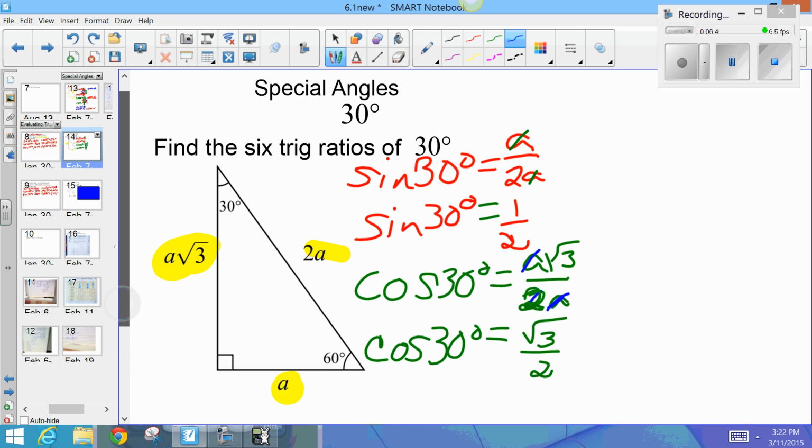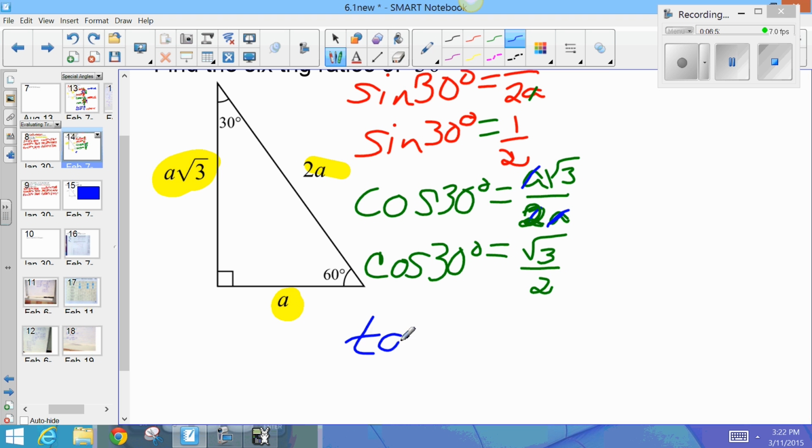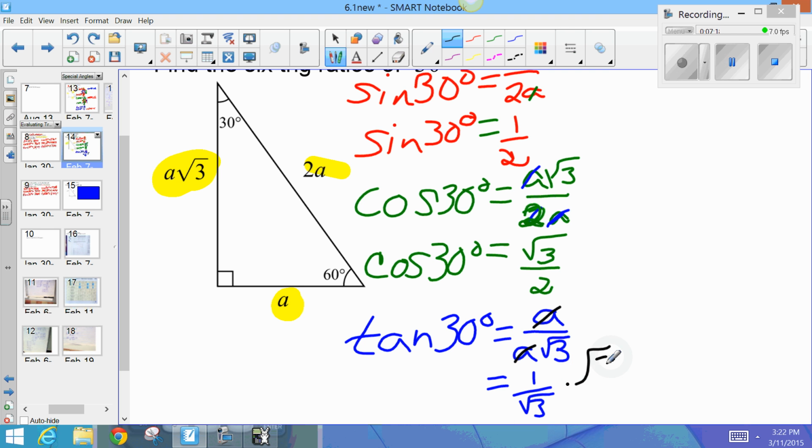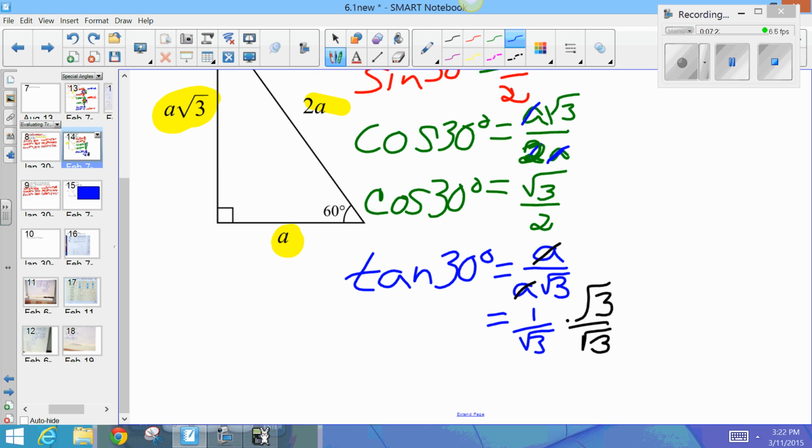Tangent. Okay, tangent is opposite over adjacent, so that would be A over A radical 3. A cancels, so I'm left with 1 over radical 3, which has to be rationalized. So I'm going to multiply top and bottom by radical 3, which gives me square root of 3 over 3.